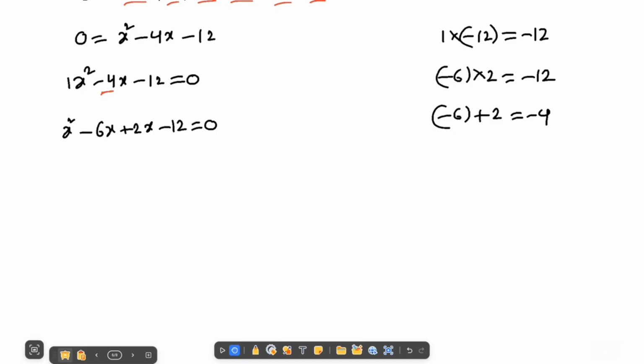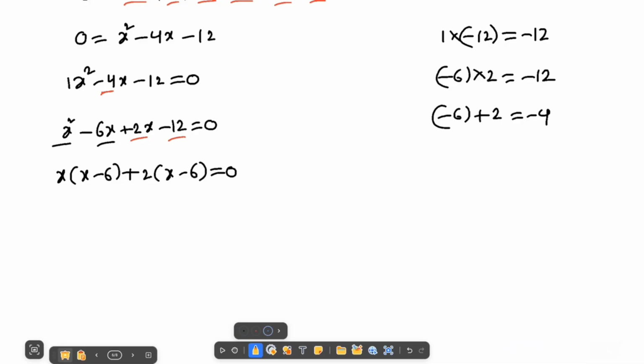So we can take x common from the first two terms, we will have x of x minus 6, and take 2 common from the next two terms, we will get 2 of x minus 6, equal to 0.